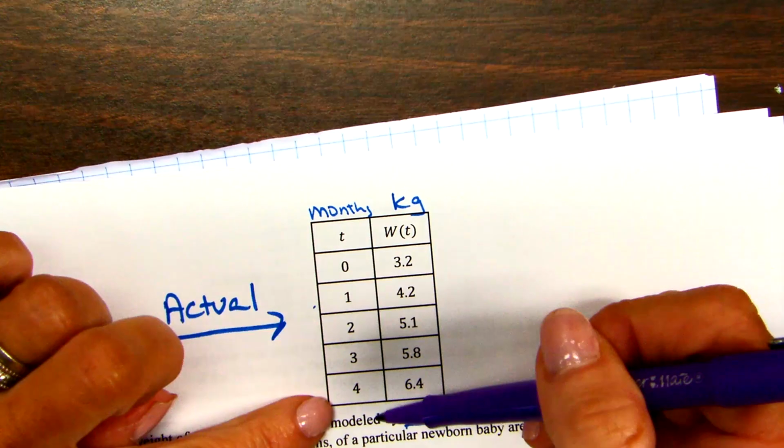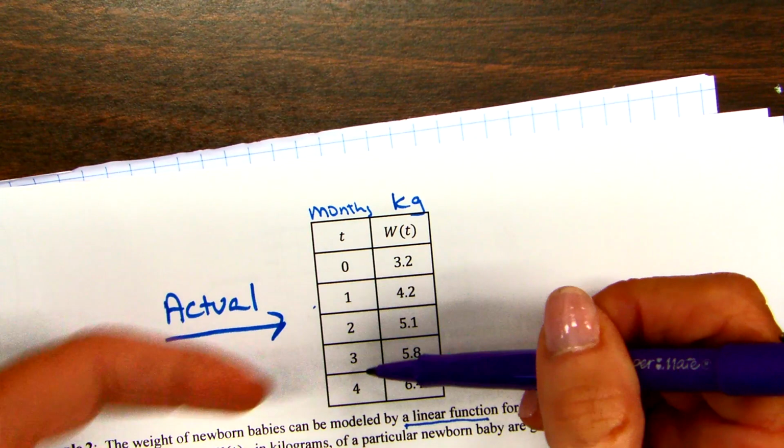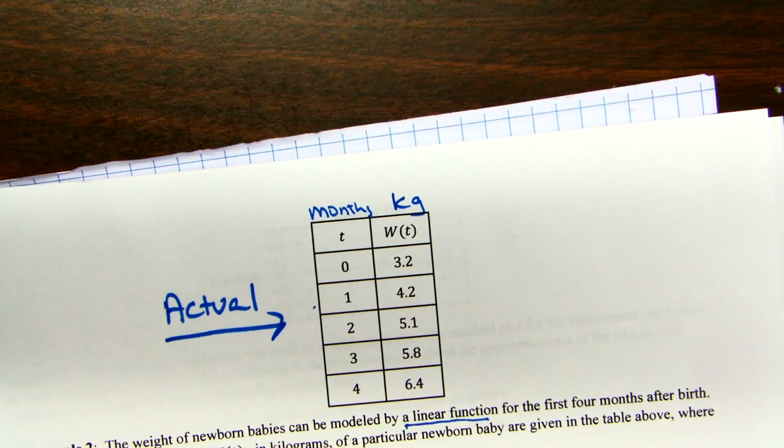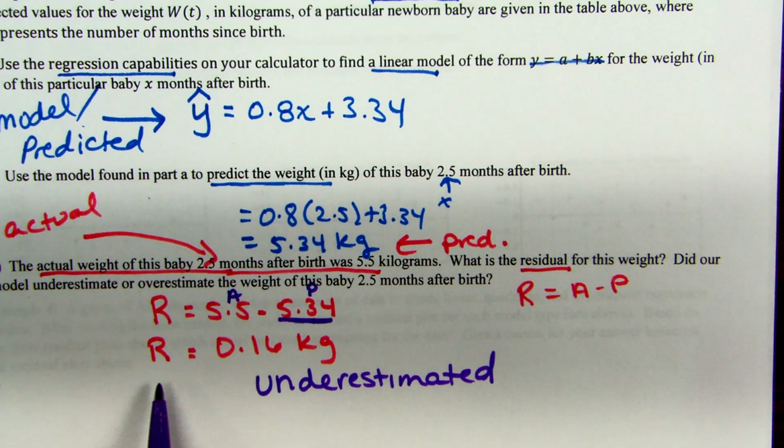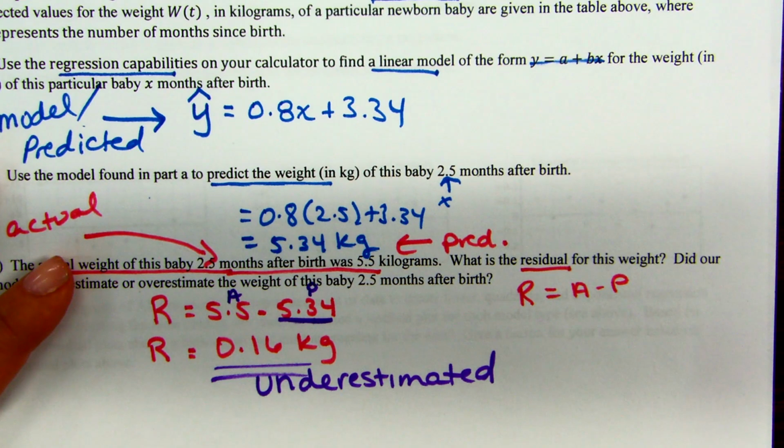But we could find the residuals for all of these, all of the 1.5, 3.5, all the way up to a year, whatever the criteria is for whatever the problem is that they're studying. So what a statistician does is finds a whole bunch of residuals and puts them on a graph that you're going to see on the next page. It is called a residual plot.